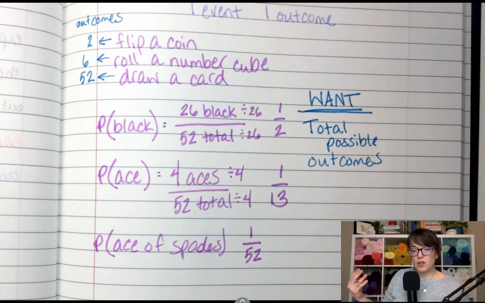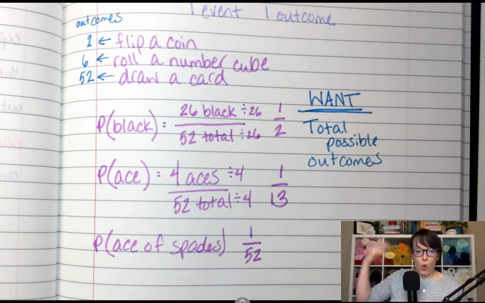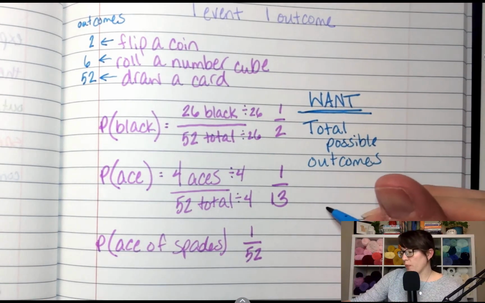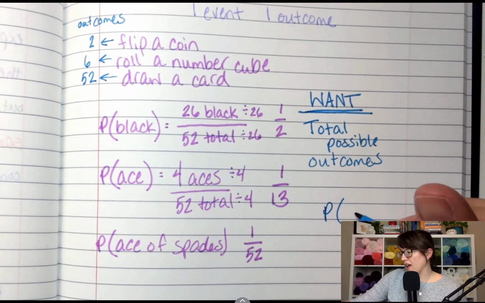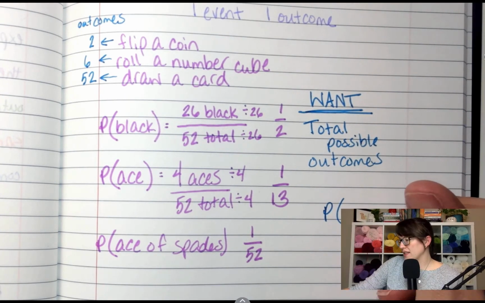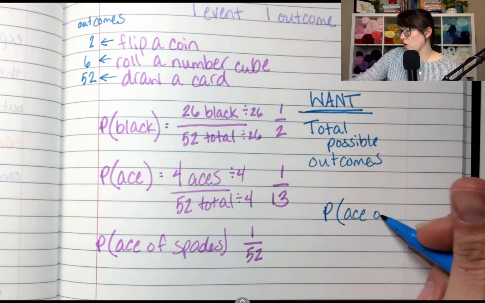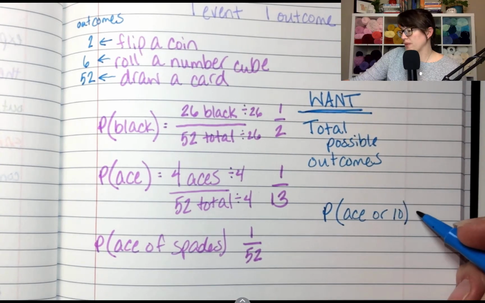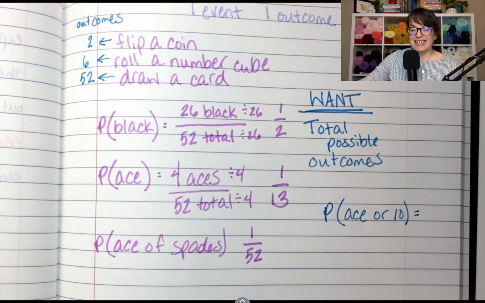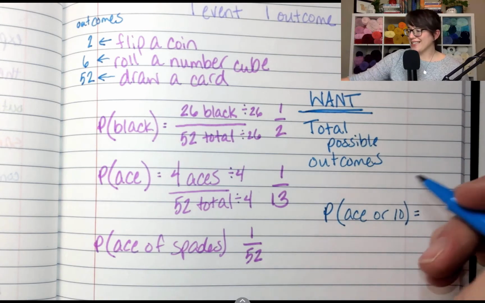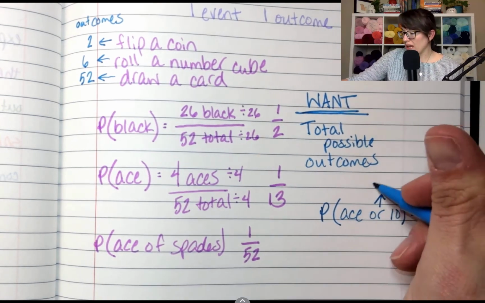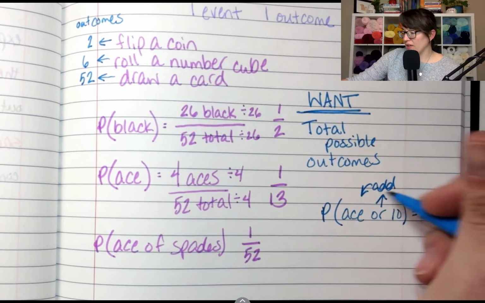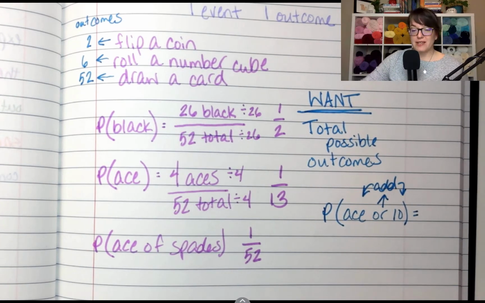Now, you might see the word or, because I might be happy with one outcome or another. So, what is the probability of getting an ace or a 10? I went blank on what the cards were. An ace or a 10. When I see or, we add the two outcomes together because I would be happy with either.